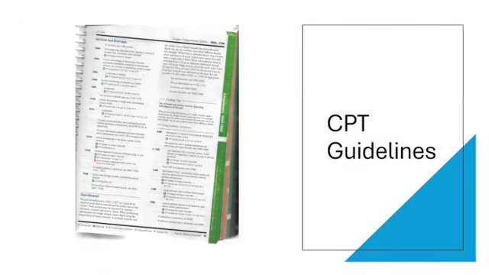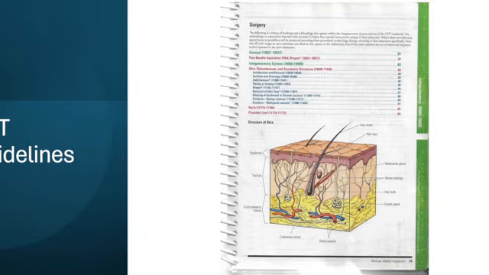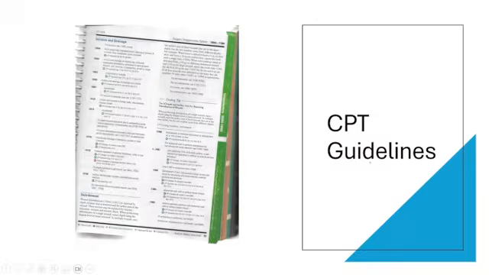So if I go, let me go back, let me show you. At debridement, it said page 83. So when I go to page 83, debridement, and there's instructional notes, guidelines, how to use codes in that section.